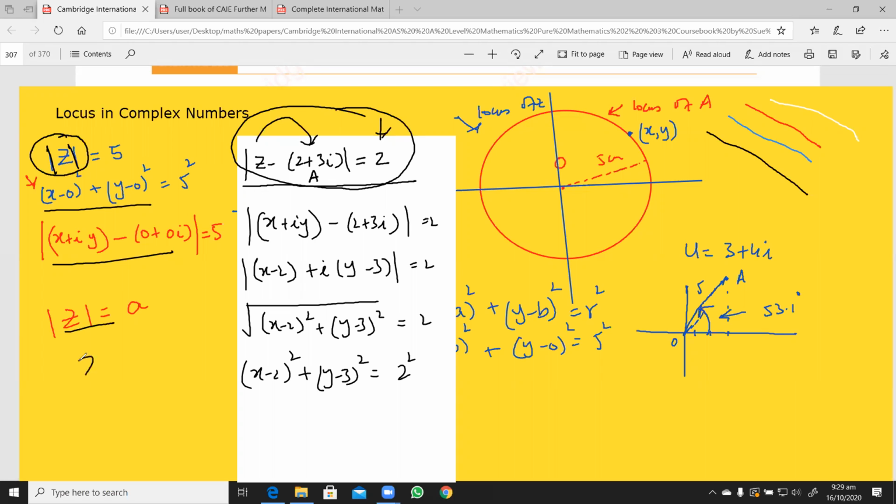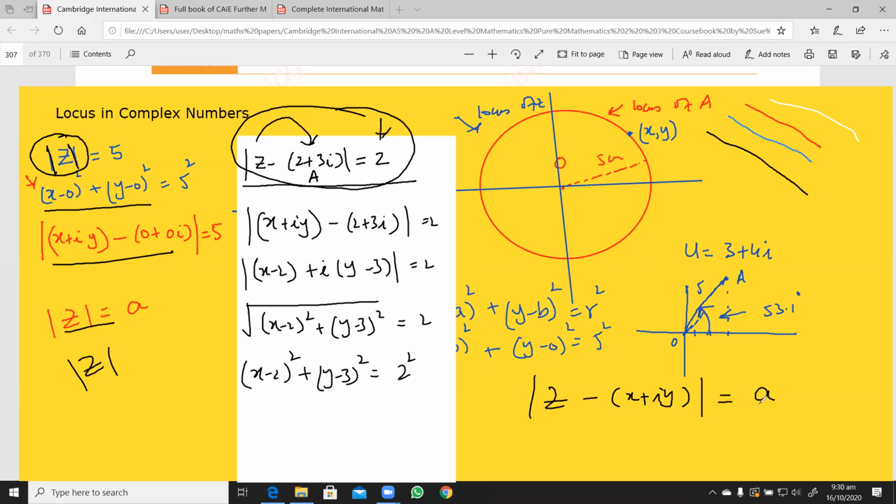If it just says modulus of z, what will be the center? Origin. And if it says modulus of z minus x plus iota y equal to, let's say, a, this would mean the circle's center is x plus iota y and the radius is a.